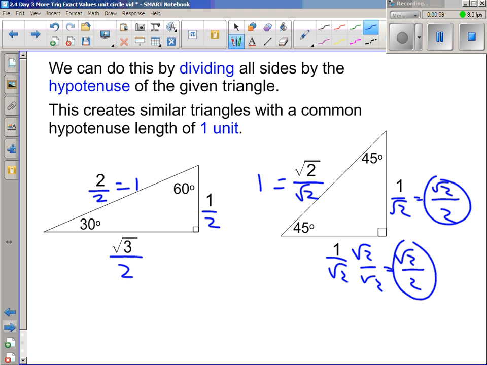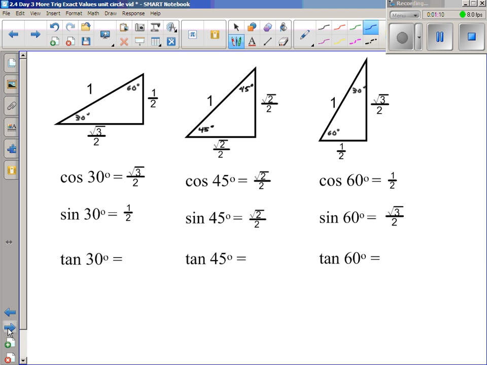The nice thing here is when we find opposite and adjacent over hypotenuse, we're dividing by 1, so it'll just be the values that we've found here for our sine and cosine. So the cosine and sine are pretty straightforward. The tangent takes a little bit of work. We have to divide fractions, and the tangent's the opposite over adjacent or sine over cosine.